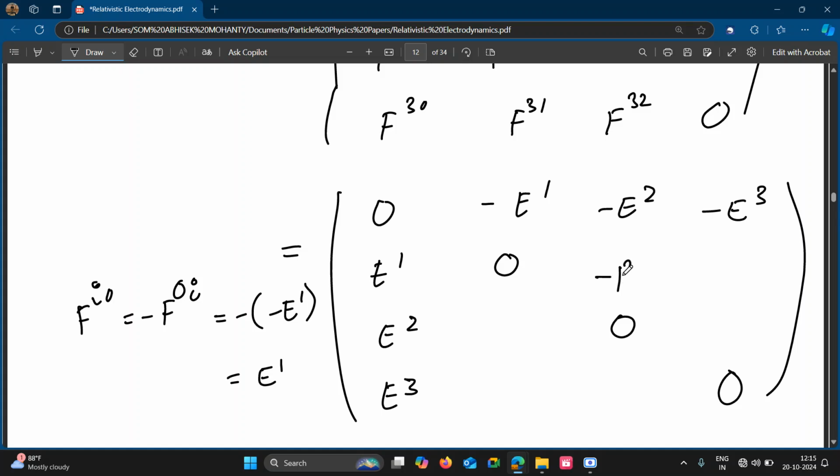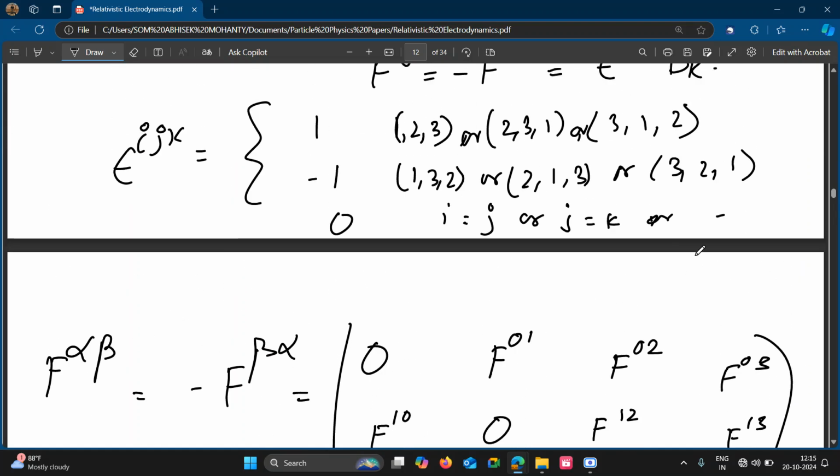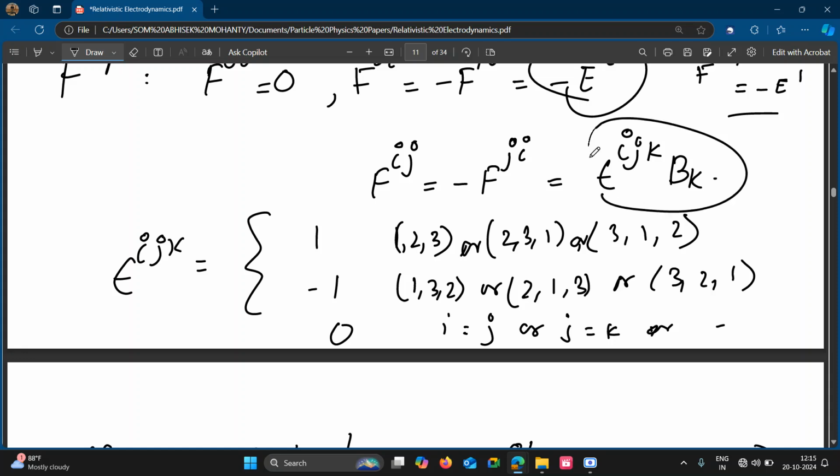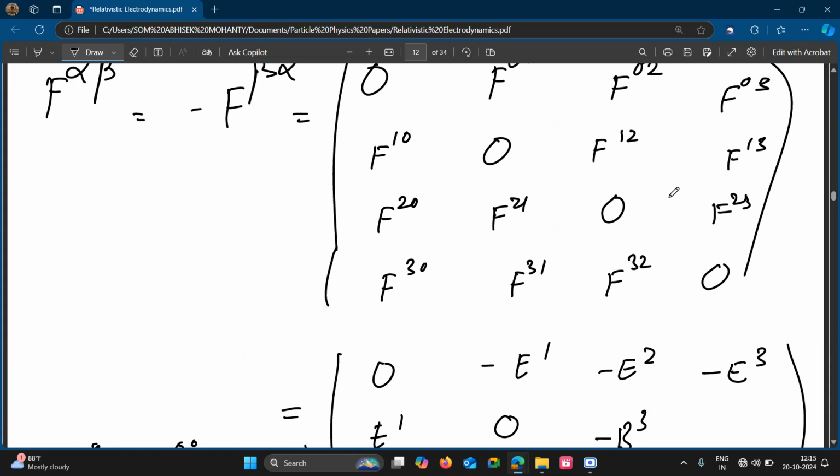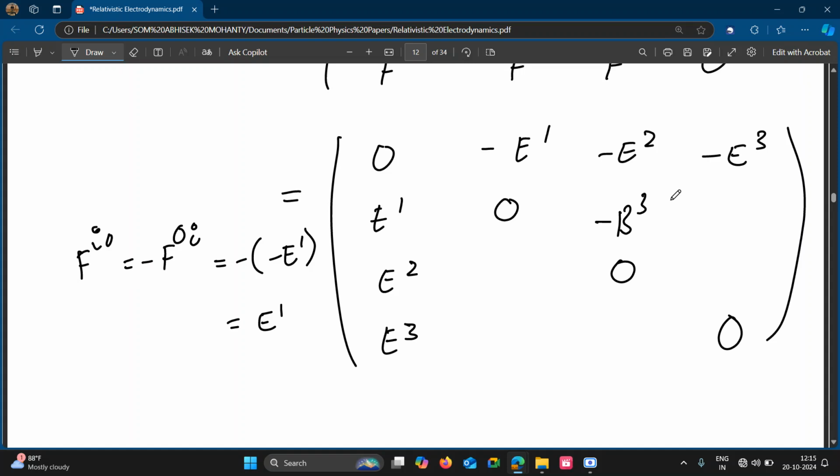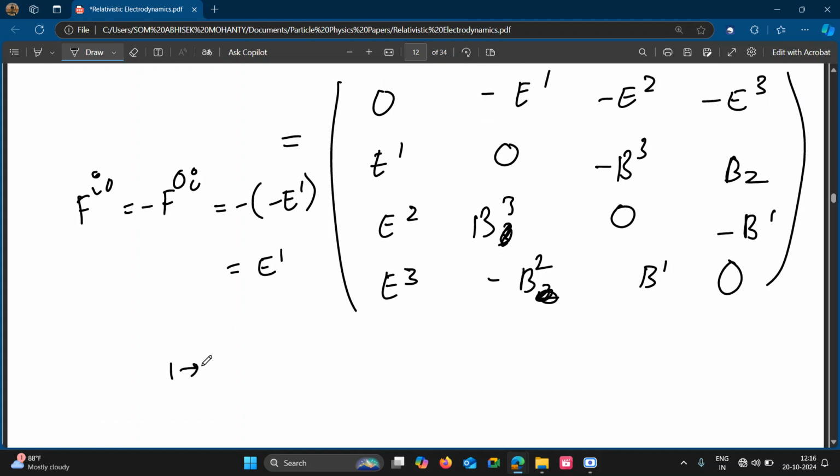This one will become minus B3, the magnetic field component, which is this Levi-Civita thing. And this one will be B2. So this will be B3, this one will be minus B2, and this one will be B1 minus. So 1, 2, 3: one component is x, second is y, third is z.